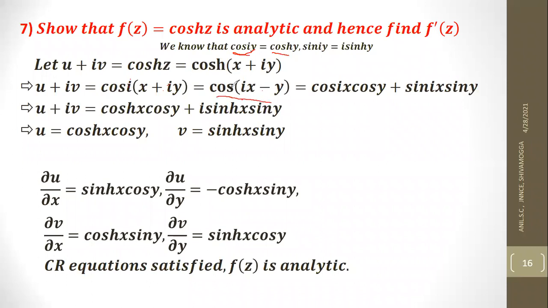Now, clearly this takes the cos a minus b form. And we know that cos a minus b is equal to cos a cos b plus sin a sin b.